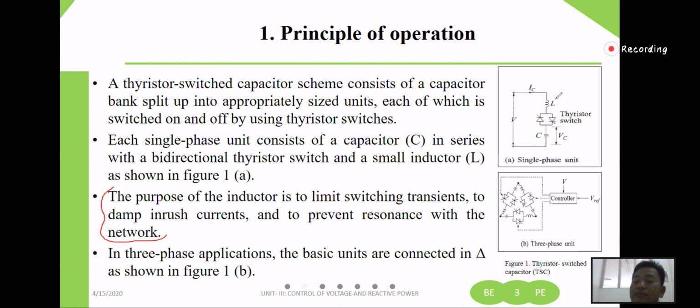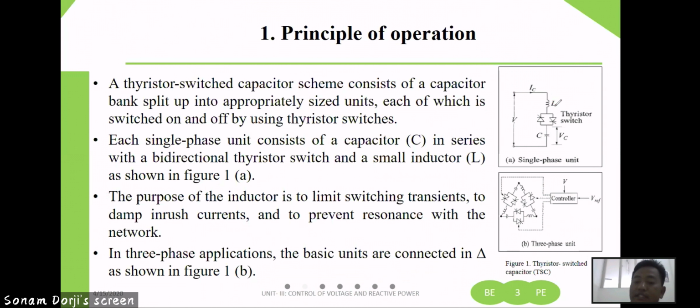Basically, if your device is capacitive in nature, when you switch on at once, you will have a huge inrush of current, which will damage our system or device. To prevent that, we use inductors to prevent the inrush current, or switching transient.